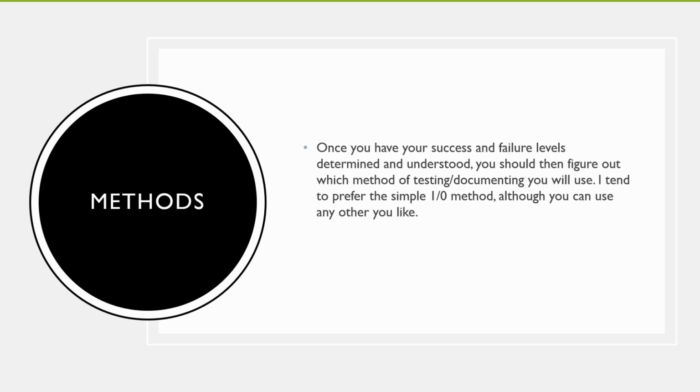I tend to prefer the simple IO method, I call it, although you can use any other method you like. There are a lot of different algorithms you can use to test your strategy. If you're really good at coding, you can use certain algorithms and platforms to backtest your strategies. I tend to prefer just tallying it up. I call it the IO method. Like this says, you can use any one you like, but we're going to review that method now.